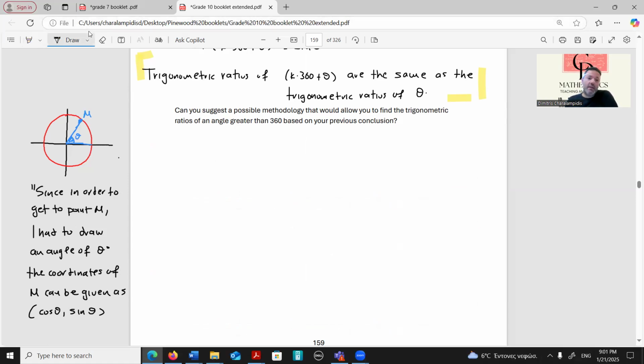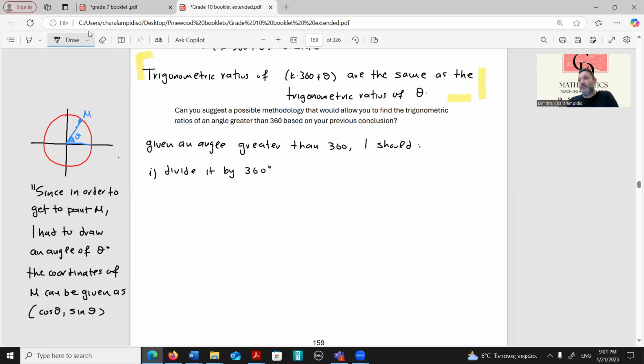Yes, certainly. We could say that given an angle greater than 360, I should firstly divide it by 360 degrees.